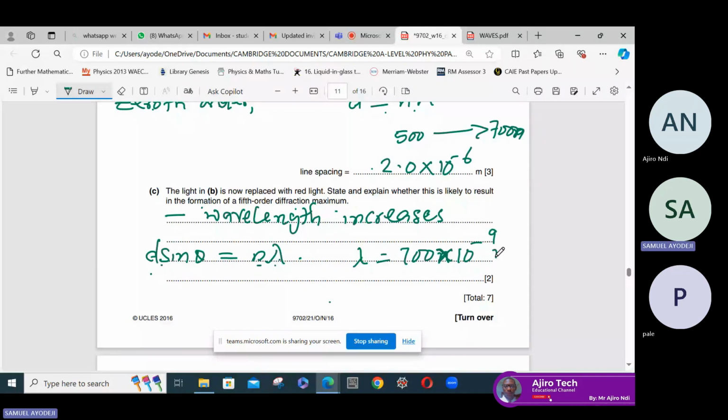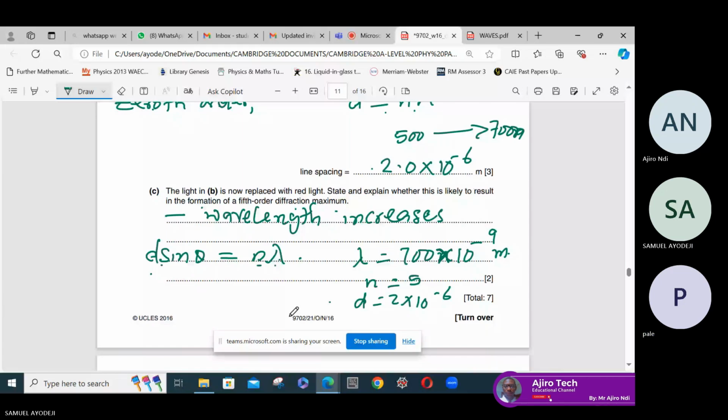Put n as 5, and d as 2 times 10 to the power minus 6. Let's see what we'll get for theta.